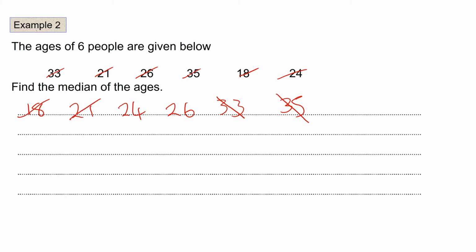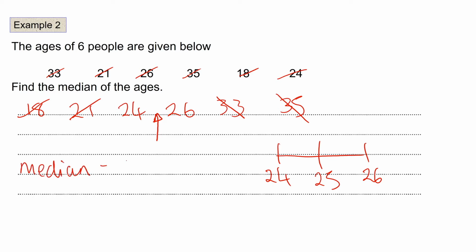Now notice that we now have two numbers that are in the middle. You cannot have two numbers as a median, it must just be one number. So what we then do is we find the number that's halfway between those two numbers. If we use a number line, 24, 26, what number is halfway between those? That is 25. So the median for this set of data is 25.